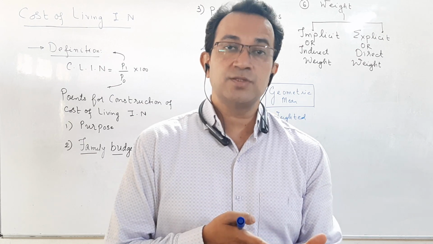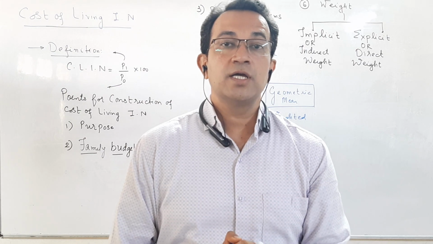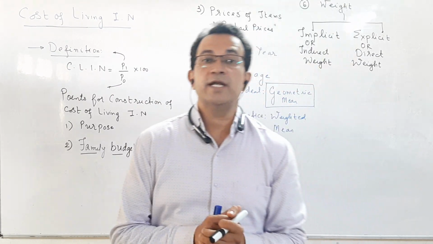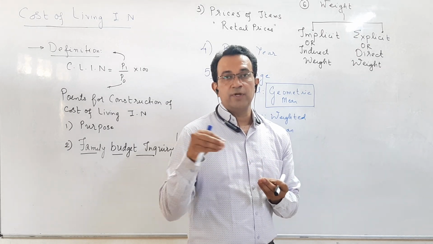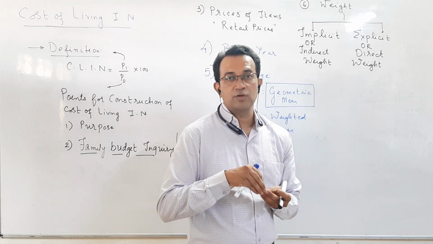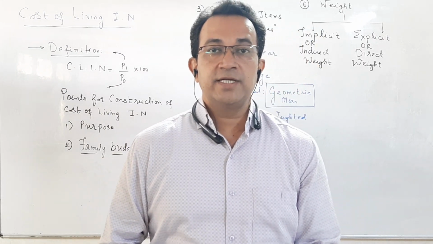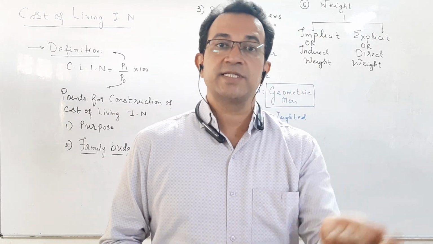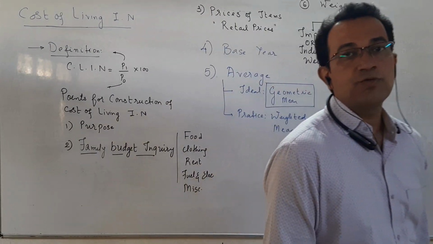What is implicit weight? Weight which is expressed indirectly is called implicit weight or indirect weight. Say weight of food is 3 times the weight of rent. Weight of rent is twice the weight of clothing. Like that, indirect weight. So the weight which is expressed indirectly, not directly in terms of numbers, is called implicit or indirect weight.